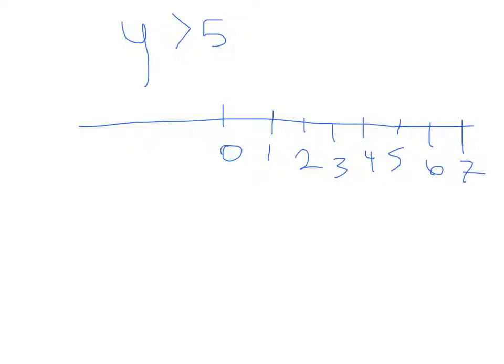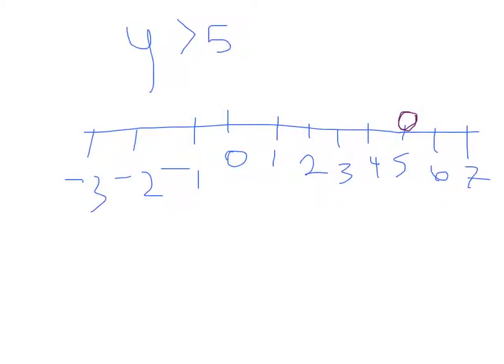And then it will just be negative 1, negative 2, and negative 3. Now I'm going to make an open circle because it can't be 5. And then you just draw a line down and then an arrow because it could be all of those numbers down.